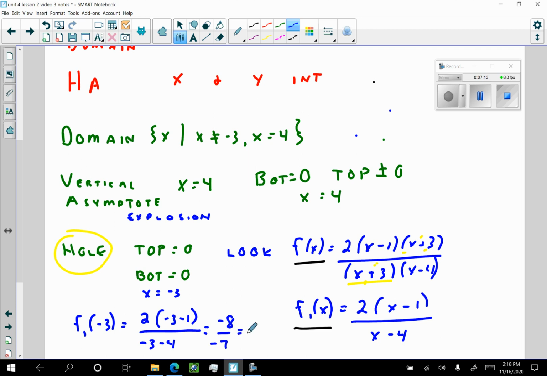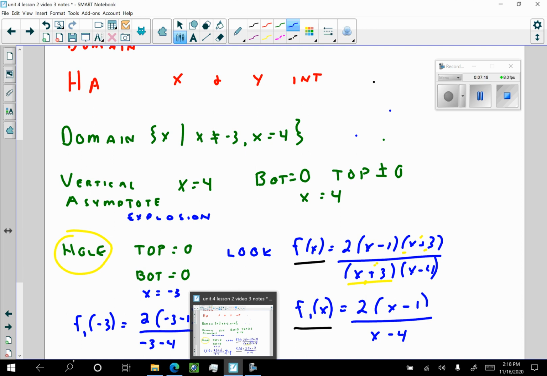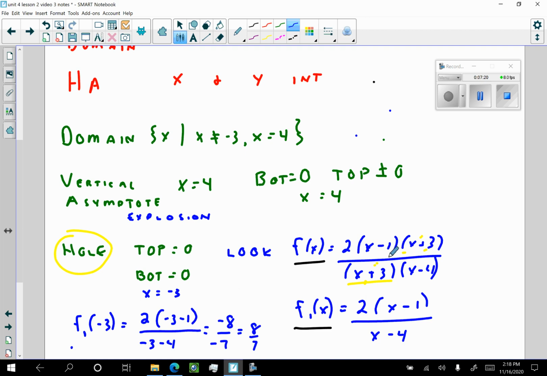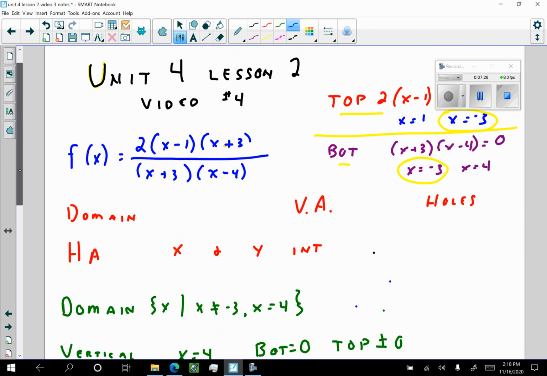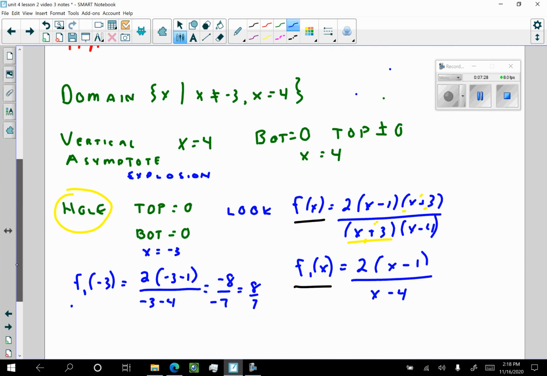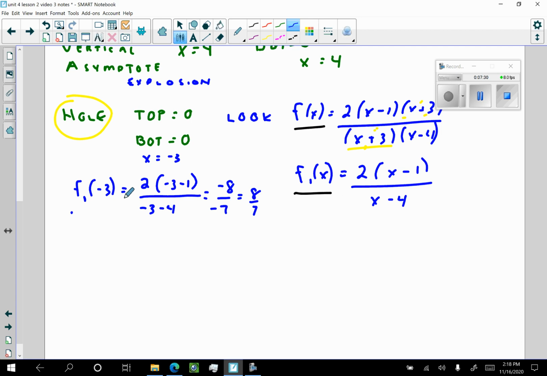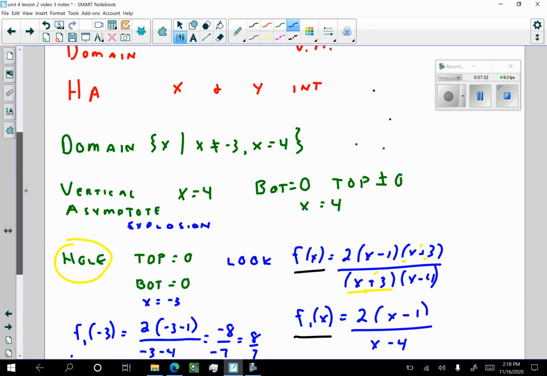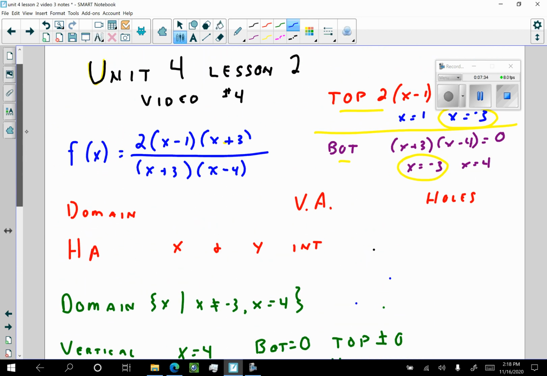So that bad boy is 8/7. Let's check the arithmetic here. The x plus 3's cancel. I have x minus 1 over x minus 4. I believe that's what I have. X minus 1. Yep, I do. If I put -3 in, that's where it happens at -3. That's where the top and bottom both are 0. Yep.